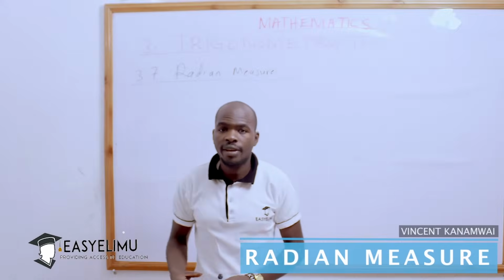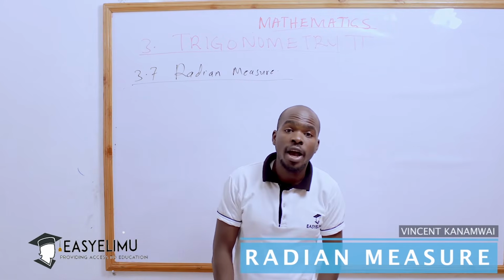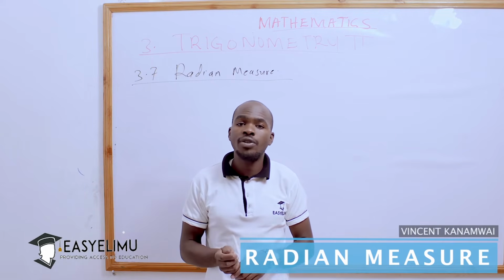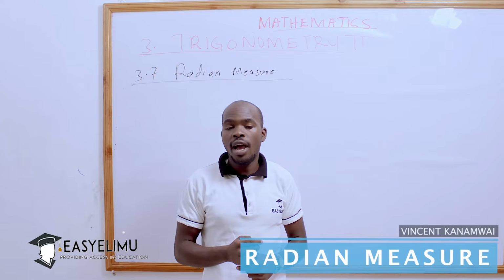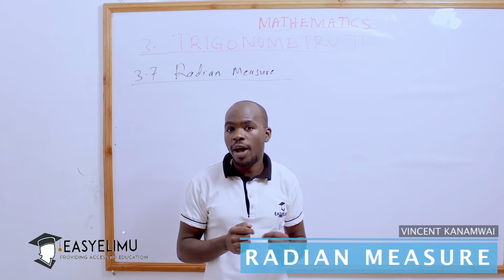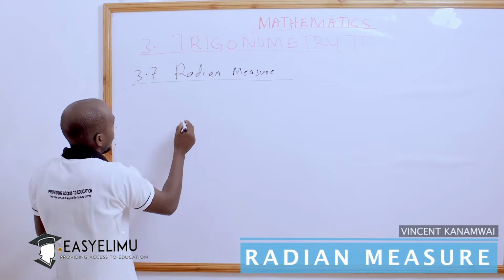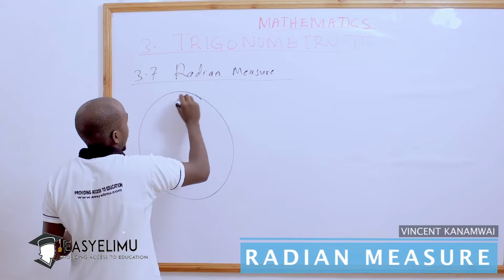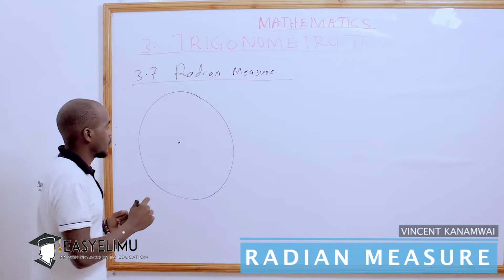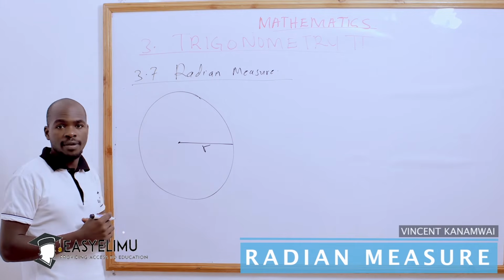We are going to check and see how we can find radian measure. In our previous session we were dealing with angles in degrees. Now we are going to introduce another unit of measurement of an angle which we call radian. We shall consider a circle with radius r.